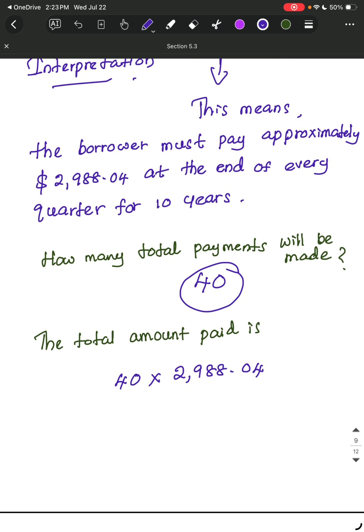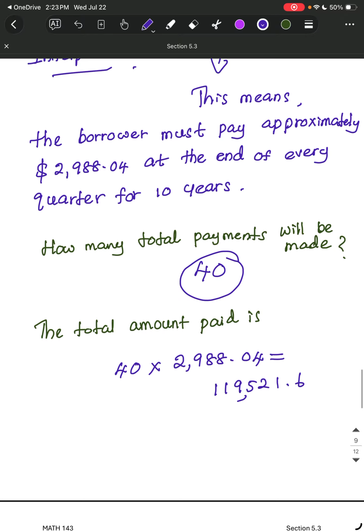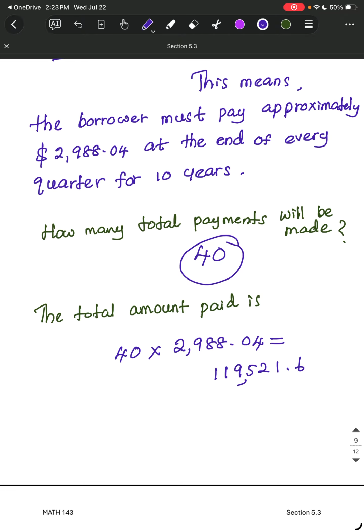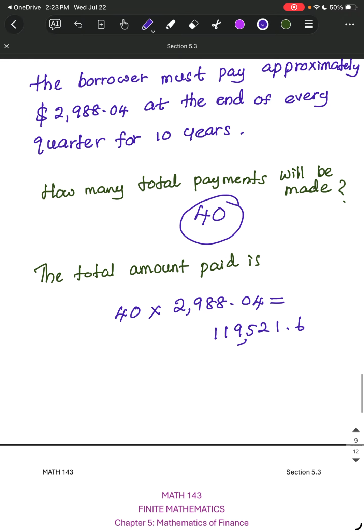That is $2,988.04 times 40, which is $119,521.60. So the difference between the total payments and the original loan is the approximate interest the borrower paid.